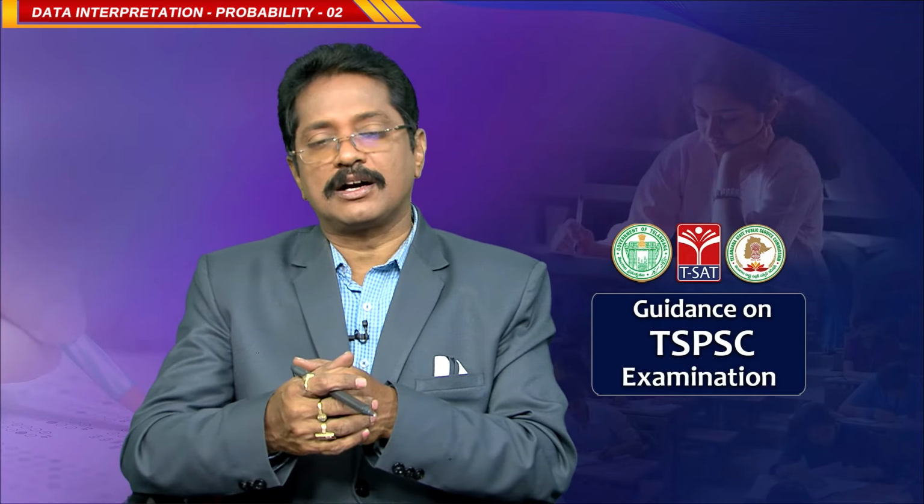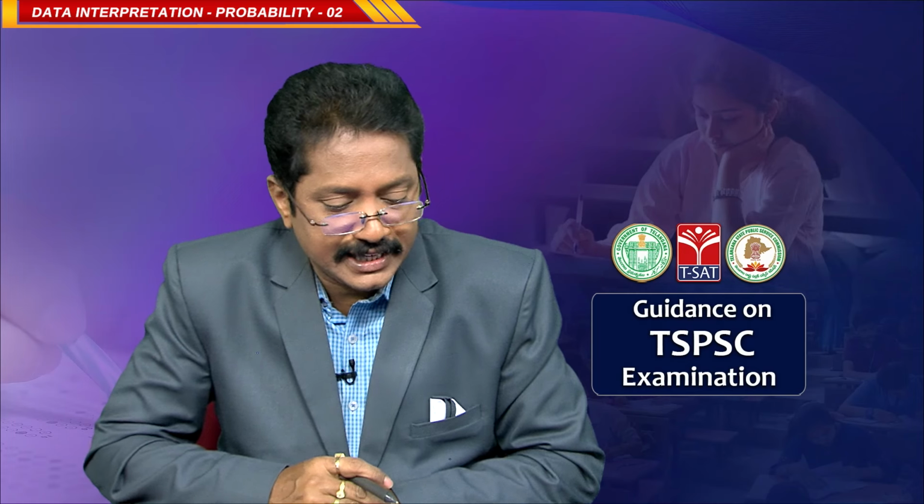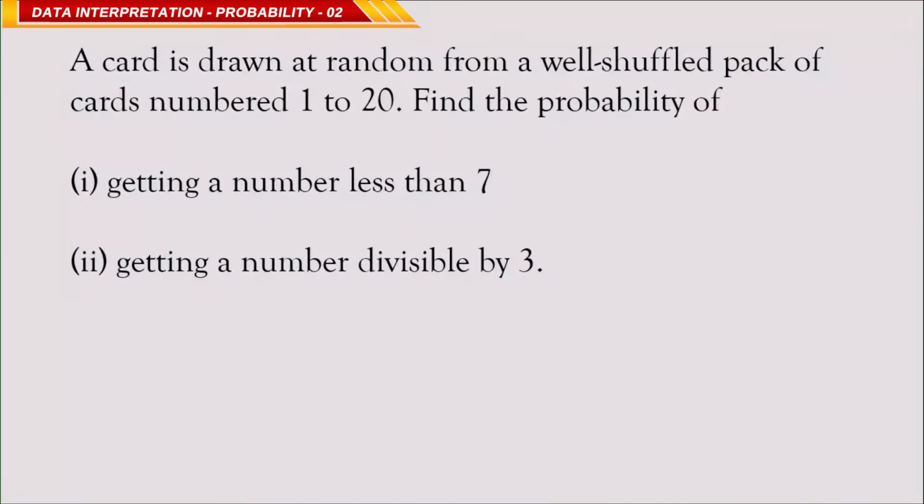Here we are taking number cards. A card is drawn at random from a well shuffled pack of cards numbered from 1 to 20. Find the probability of getting a number less than 7. So what is the probability of this event?